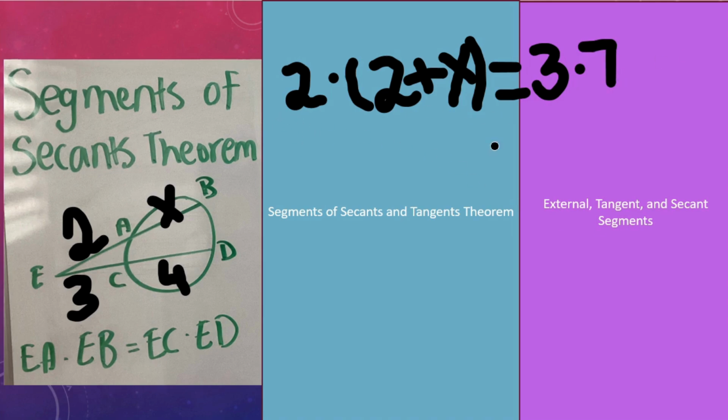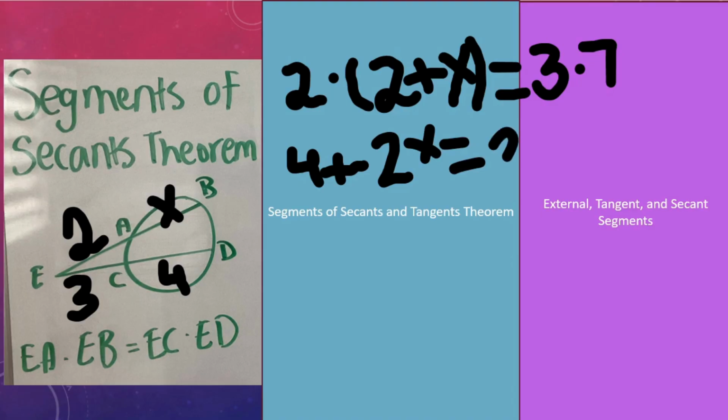So now what we're going to do is 4 plus 2x is equal to 21. 2x is equal to, you guys can do the math right now.